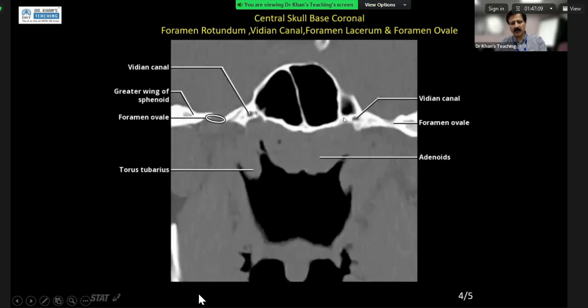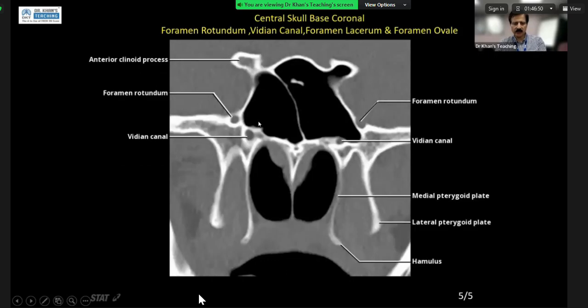Now, as we come anteriorly, this is a key point to remember. If you see, this is the sphenoid sinus. There is a foramen which is inferior to that, and this is the Vidian canal. Let's trace it anteriorly.